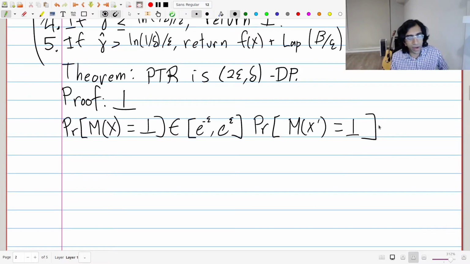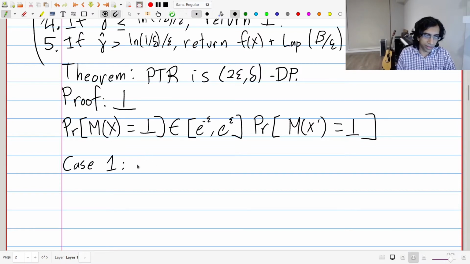So now that we have this fact, which will be useful, we're going to separately consider databases x that have low sensitivity and those that have high sensitivity. So case one will be when the local sensitivity is large. Suppose we're looking at a specific data set where the local sensitivity is large.